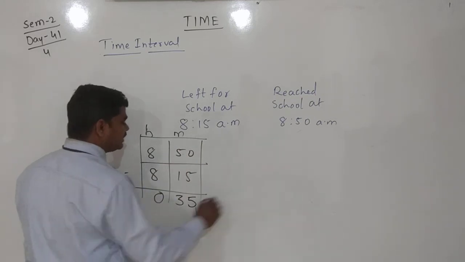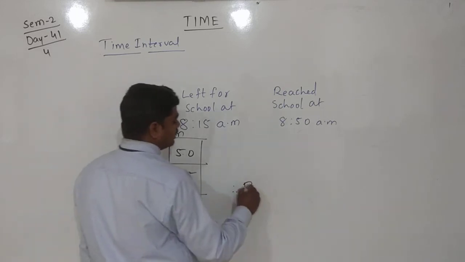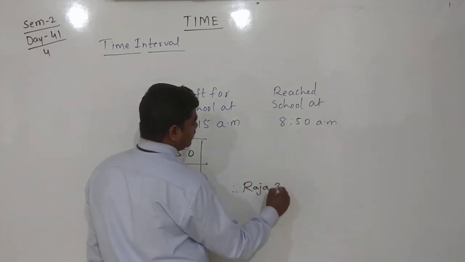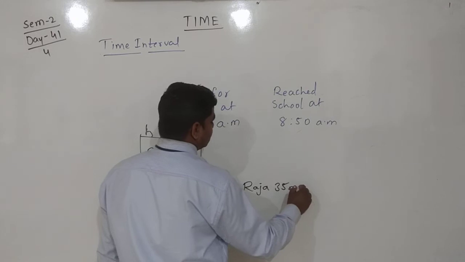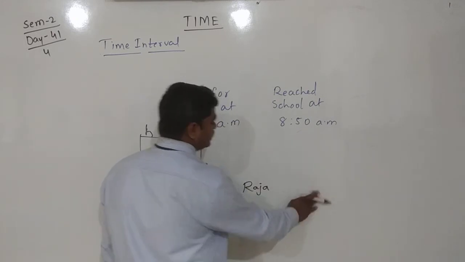How many minutes? Raja took 35 minutes to reach school.